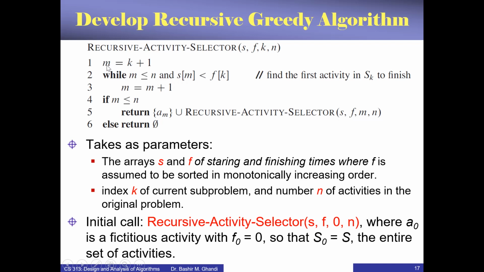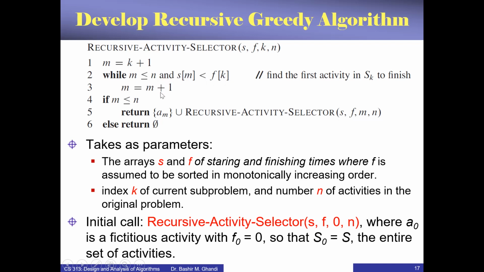Because here you see we are going to choose am. Initially m will be 1, as we said, so we're going to choose a1 and we are trying to find the next activity that is compatible with that am. So obviously if the starting time of am is less than the finishing time of our fk, then it is not compatible.